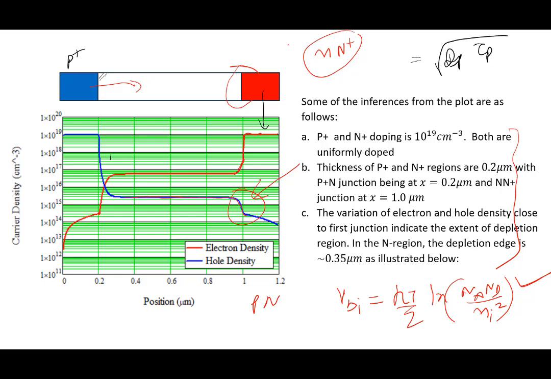So would anybody like to take an educated guess, not a random guess, why this is reducing? What is the reason that the holes you have injected, the moment they come to N plus, sharply decline? Sharp decline is another way of saying concentration gradient.